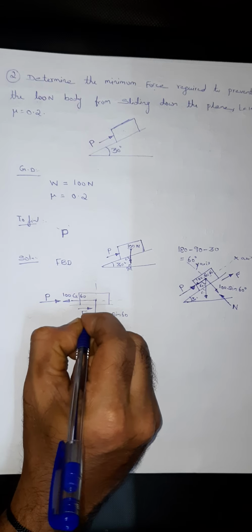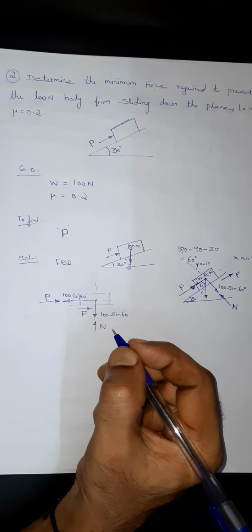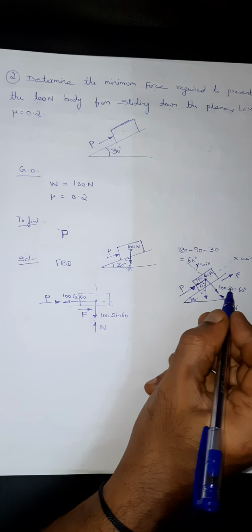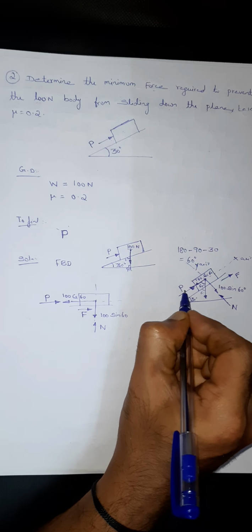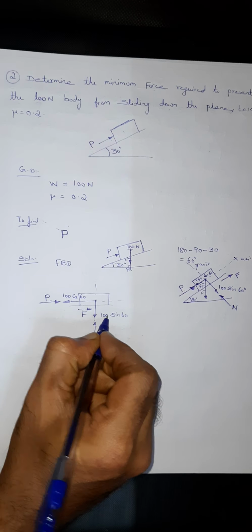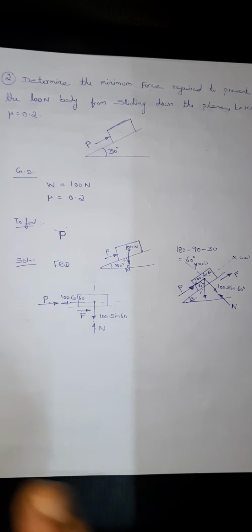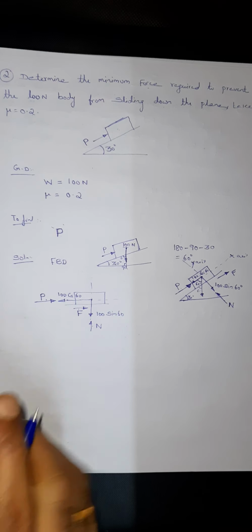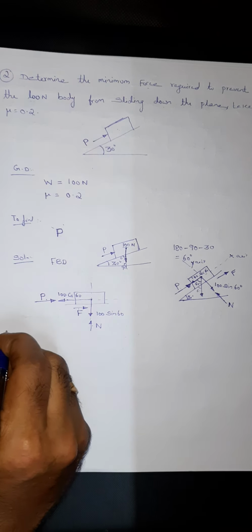This is F. Is anything missed out? 1, 2, 3, 4, 5. Correct? Yeah.